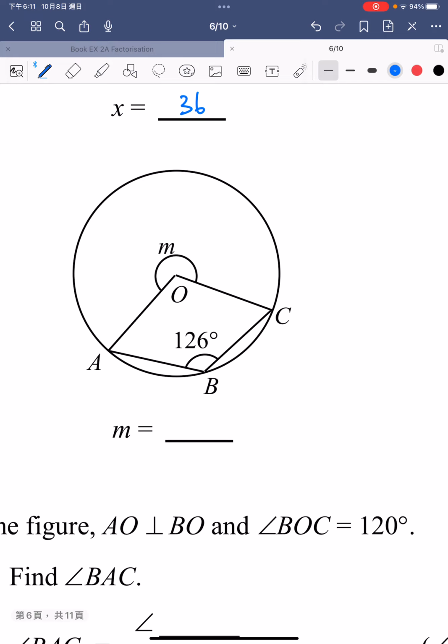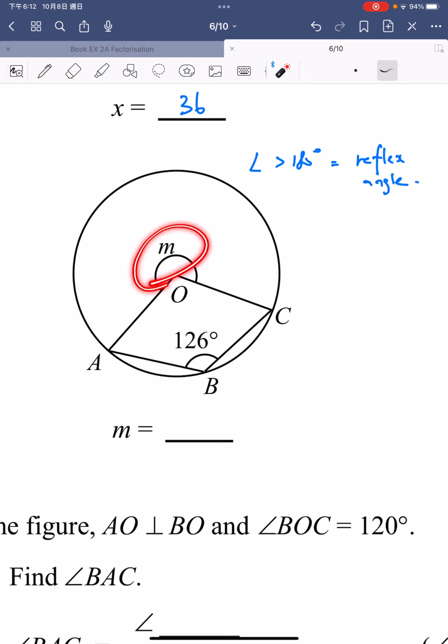For 1c, we have this very large angle M. If you still remember, an angle greater than 180 degrees is called a reflex angle. So this is the reflex angle AOC, which we call M. This M is watching the whole major arc AC, and so is this 126.